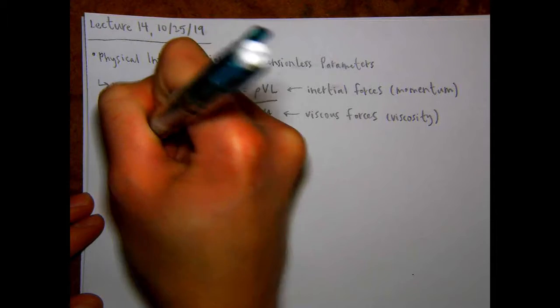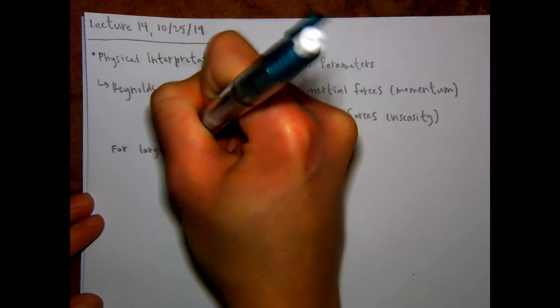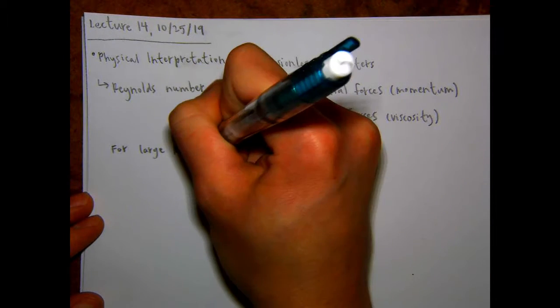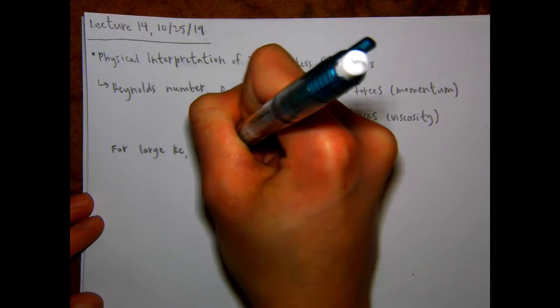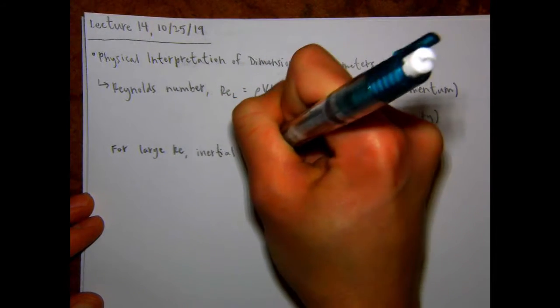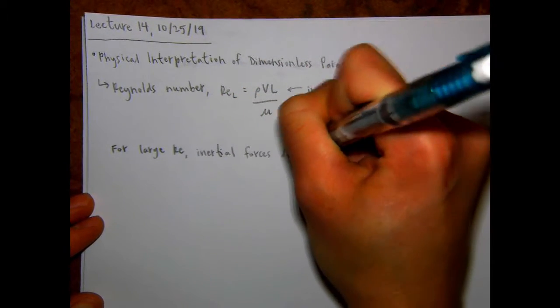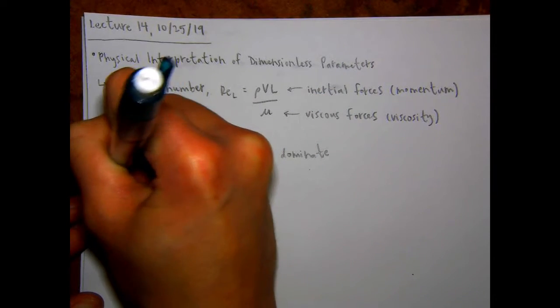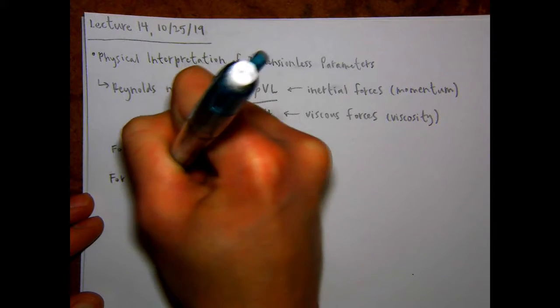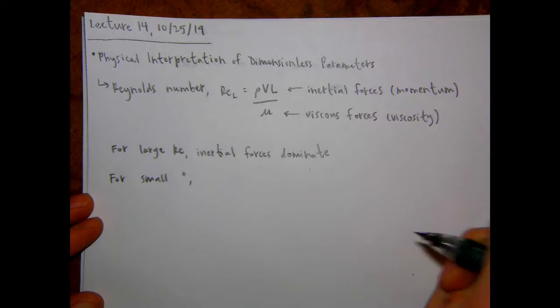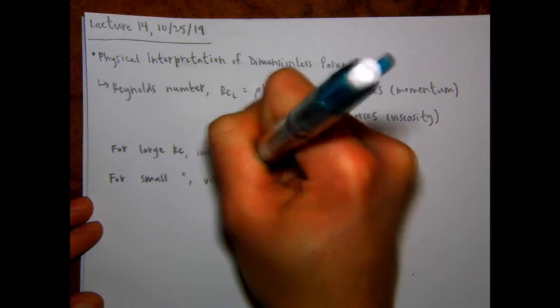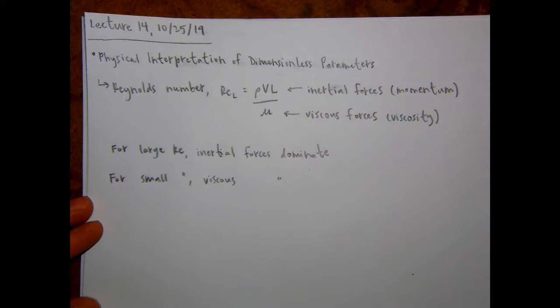So for large Reynolds numbers, you would expect the inertial forces to be dominant, and for small Reynolds numbers, the viscous forces dominate.